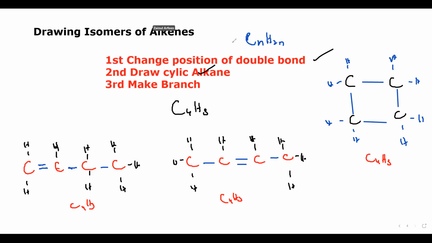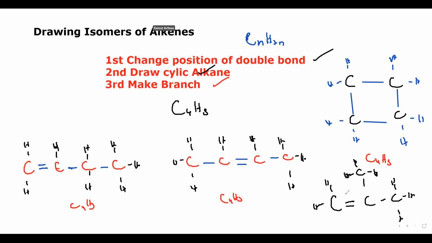So if we want to draw an isomer, first we can change the position of the double bond. Or we can draw a cyclic alkane. As a result, it will be an isomer. Or make a branch. But sometimes we have to name them, so it will make things difficult. For a branch, you draw 3 carbons and 1 as a branch, and then the remaining hydrogens: this will have 2 hydrogens, this will have 3, and this will have 3 as well.